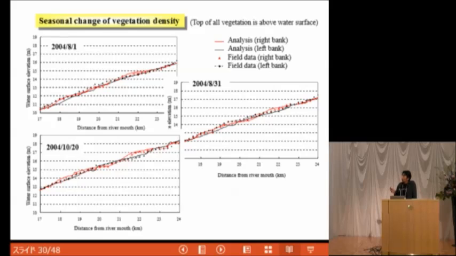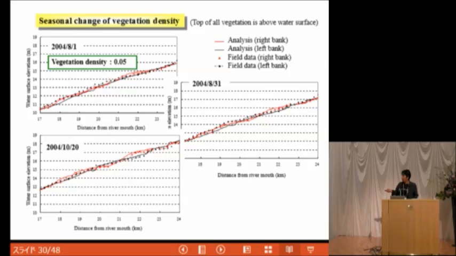We try to get the vegetation density value by the analysis. This figure shows the longitudinal distribution of water surface level along both banks, right bank and left bank. For the August 1st flood, in order to reproduce this longitudinal distribution of the water surface, we have to use 0.05 for the vegetation density.